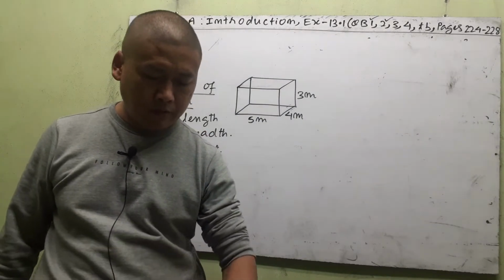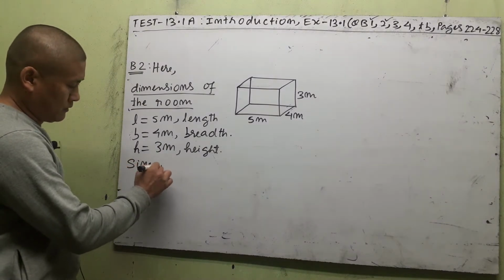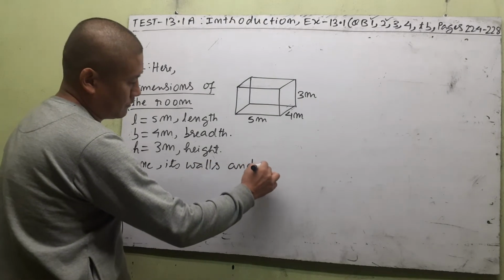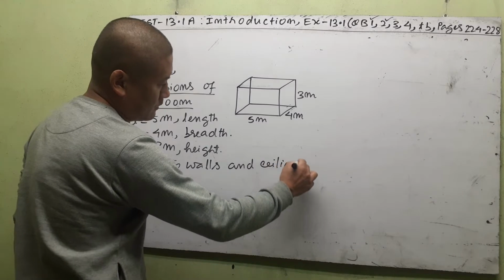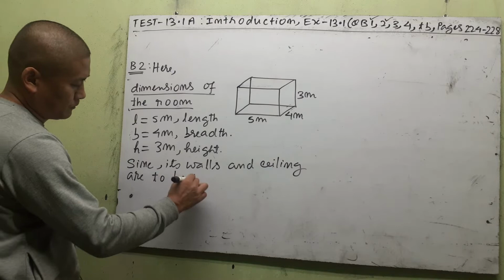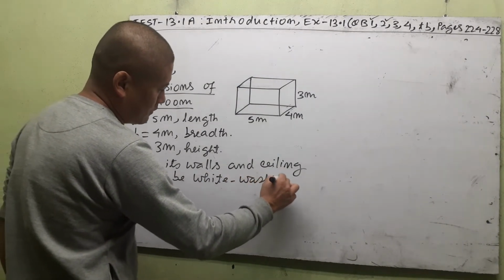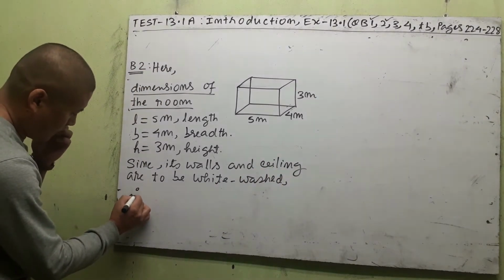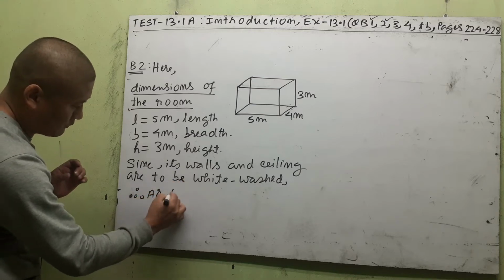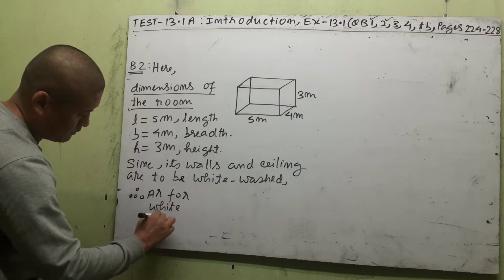We have to whitewash the walls and the ceiling only. So since the room's walls and ceiling are to be whitewashed, from this statement we can get the idea of the area for whitewashing.